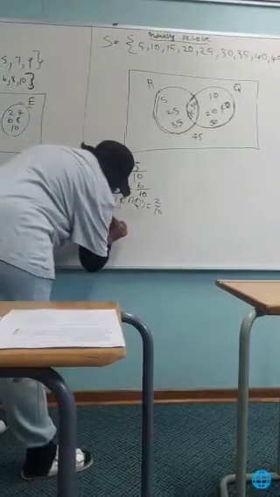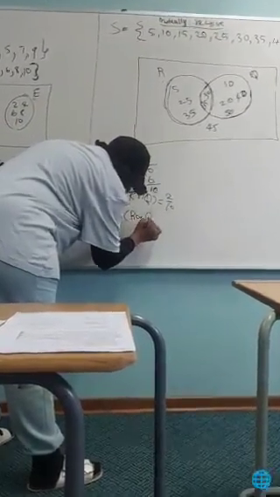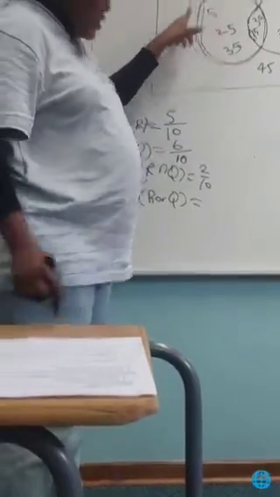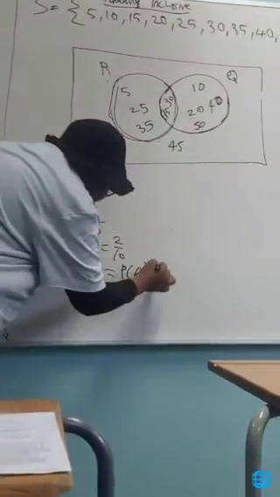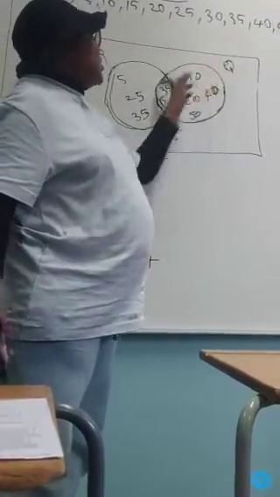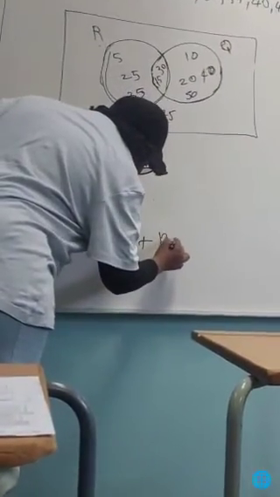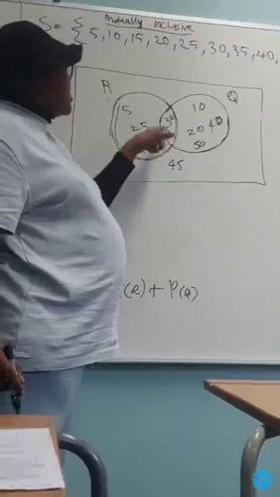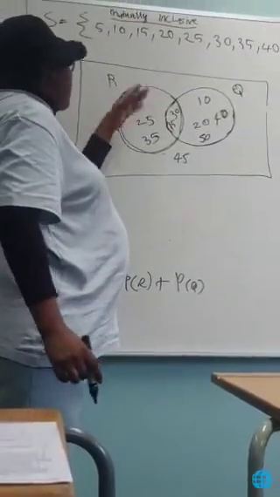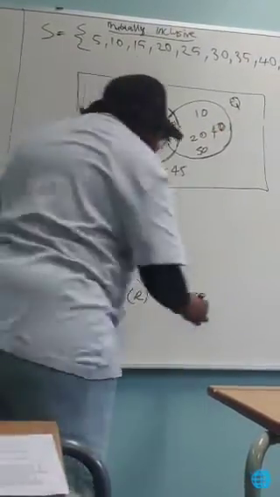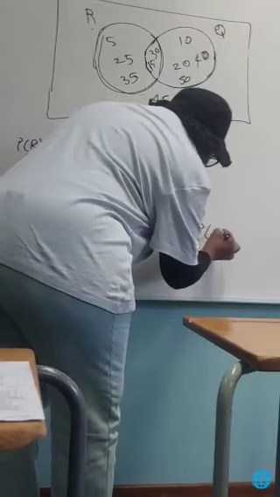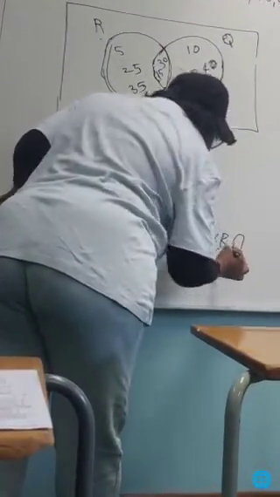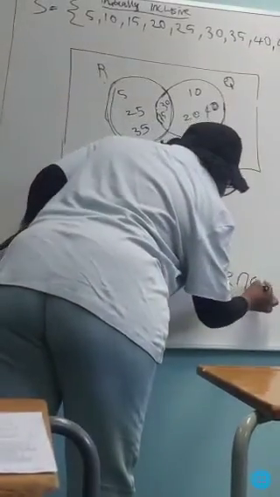The probability of R or Q is equal to the probability of R, plus the probability of Q, minus the elements that are common to both R and Q. So you subtract the probability of R and Q. Be aware that the sign changes.